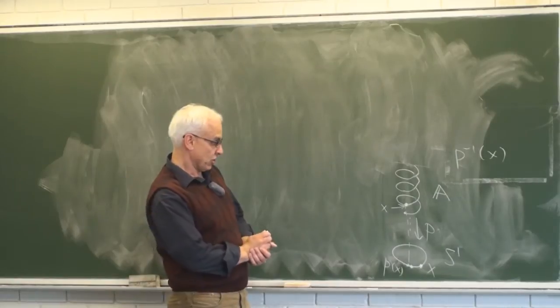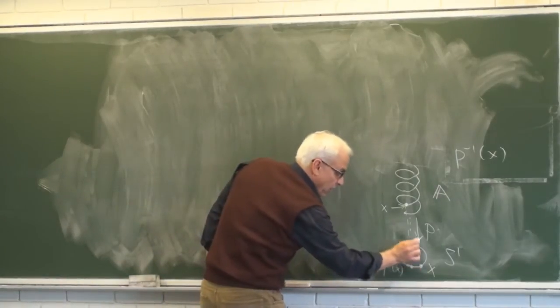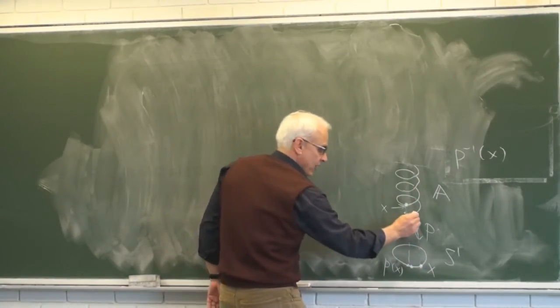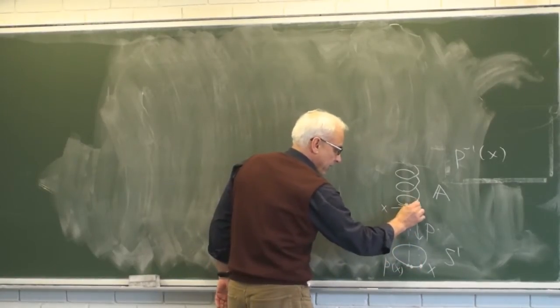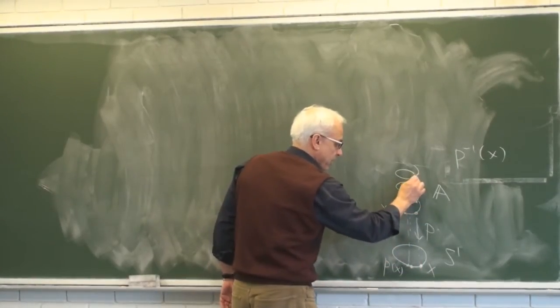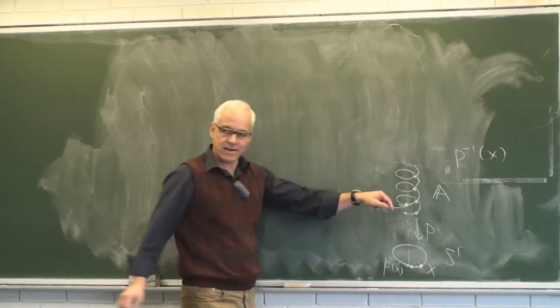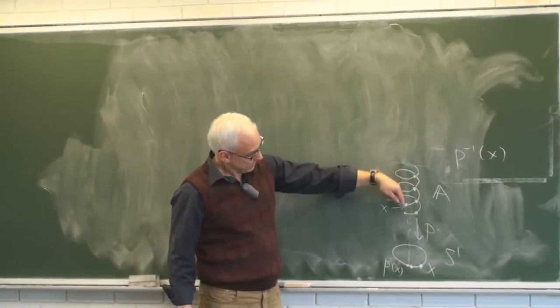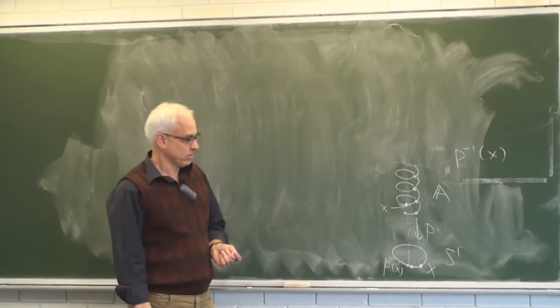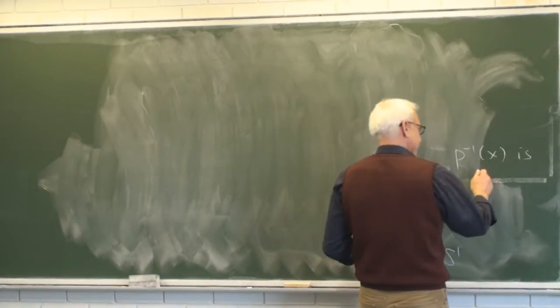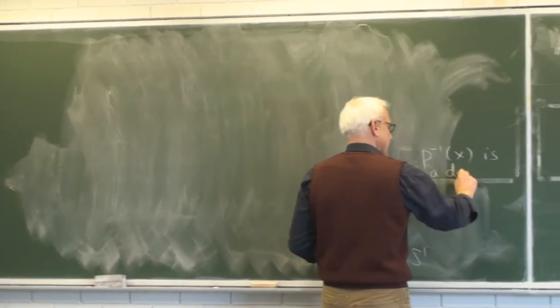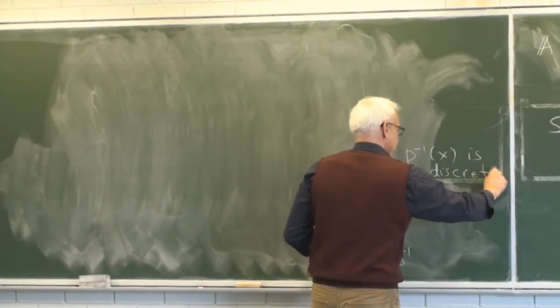Well, that's just all the things in the helix which are directly above this particular x. So there's one right here, another one right here, another one right here. So there's a discrete number of elements in the inverse image. So that's the first property, that P inverse of x is a discrete union.